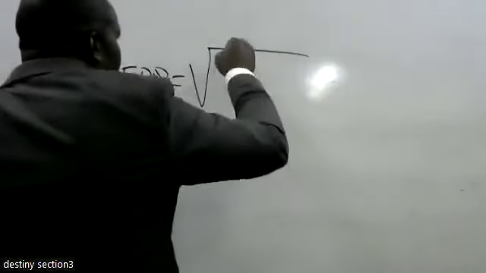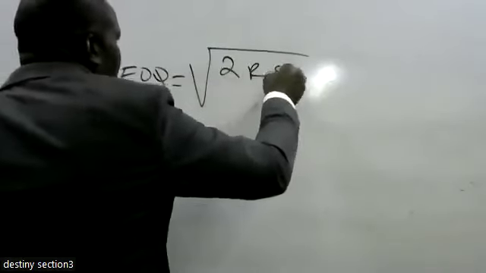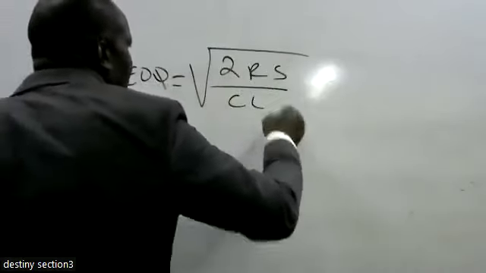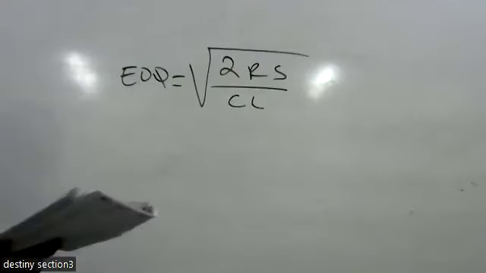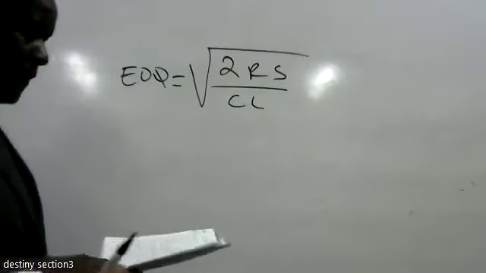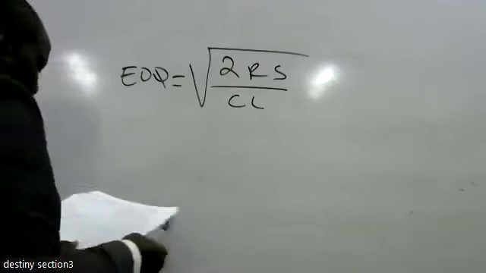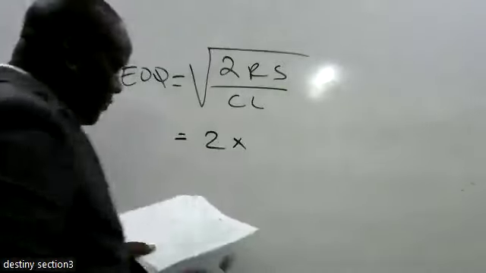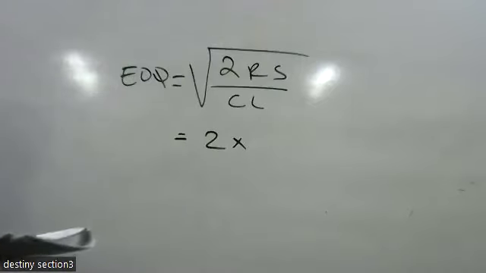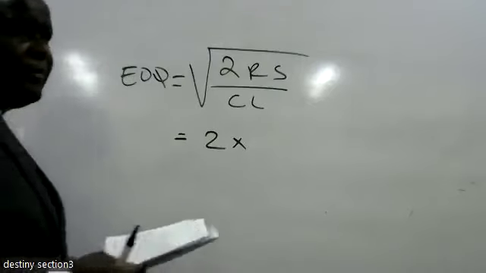So economic order quantity is given by the square root of 2RS divided by CI. So they have already given you all of them. So R is what you are given there as 100 replacement lamps.